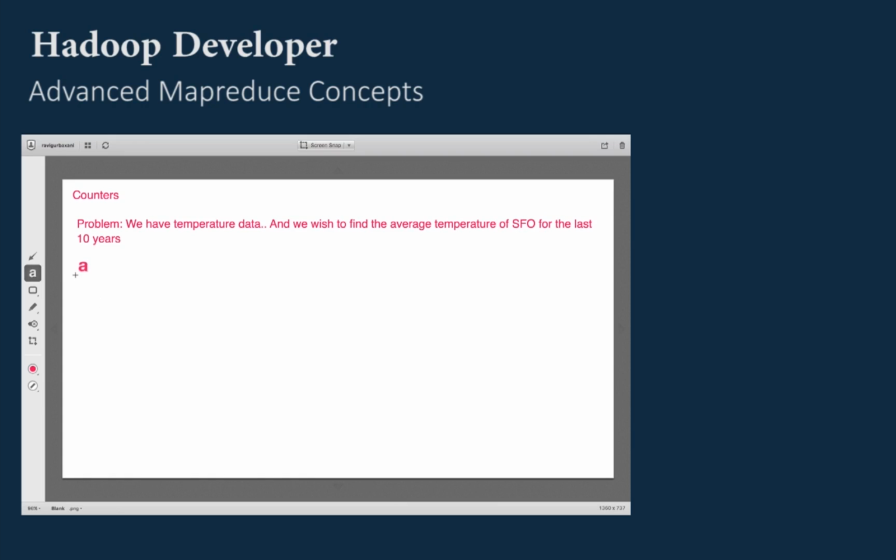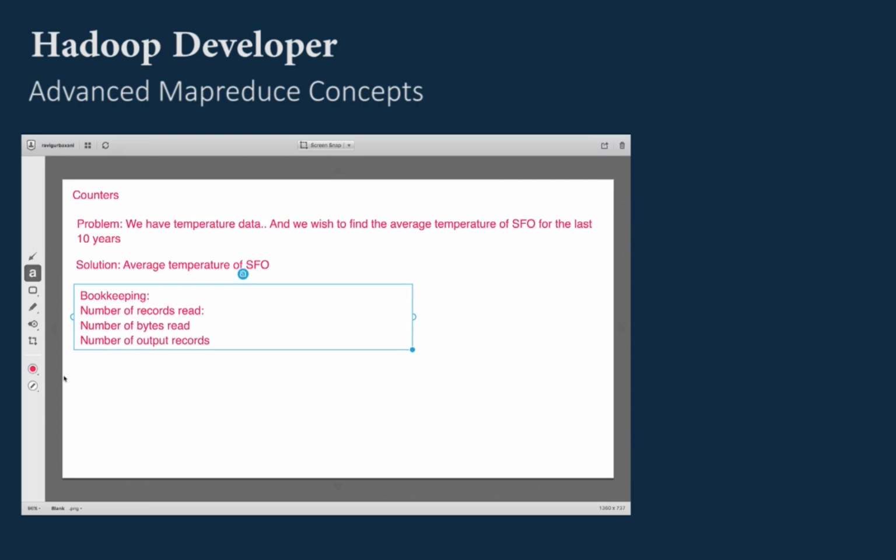So our solution would be the average temperature of SFO. But along with that, we get some bookkeeping information. Let's understand what bookkeeping is: number of records read, number of bytes read, number of output records.